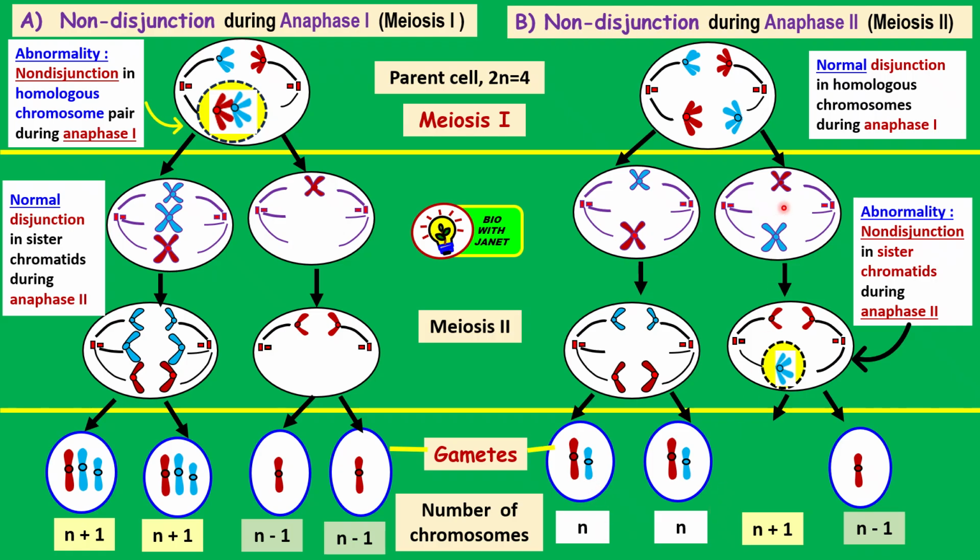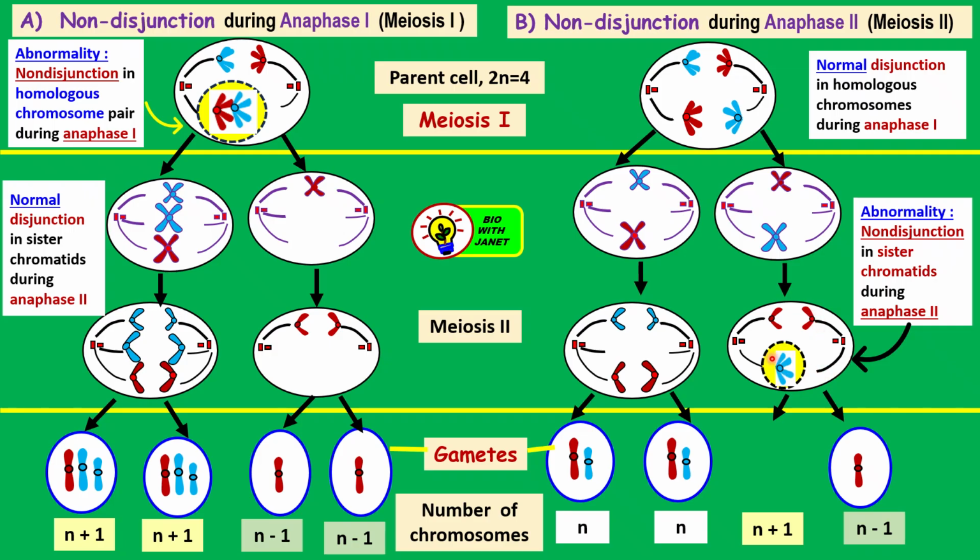But let's look at the second case where the abnormality occurs and there's non-disjunction of sister chromatids during Anaphase 2, right? So the top chromosome here, the short one, separates normally. The sister chromatids separate normally and move to opposite poles of the cell when the spindle fibers contract and pull them apart.